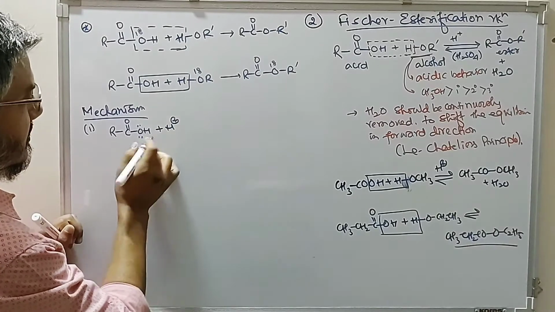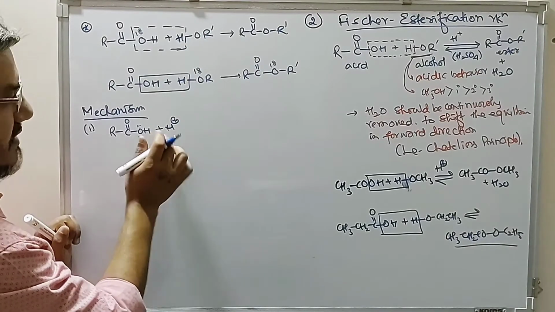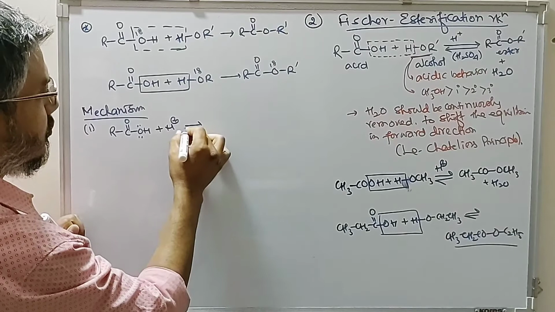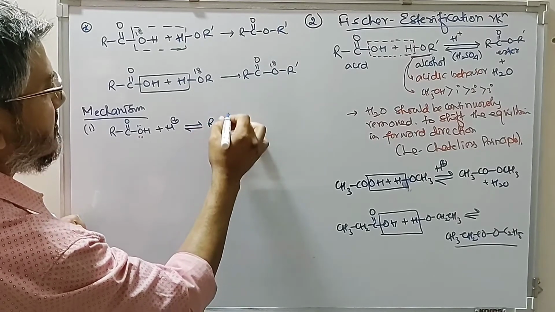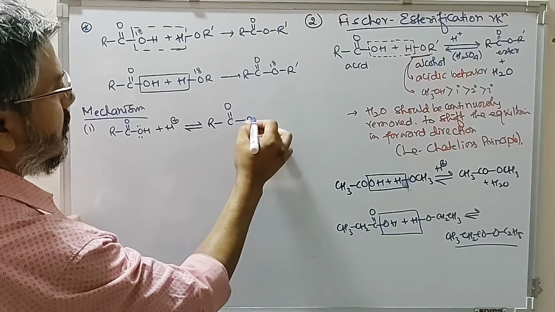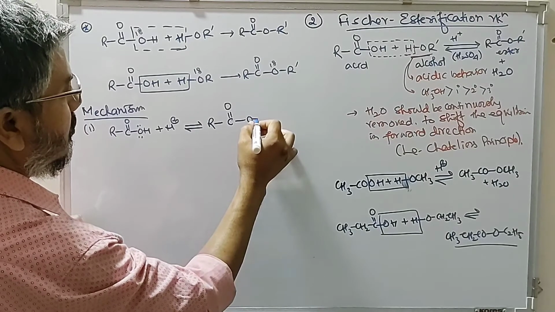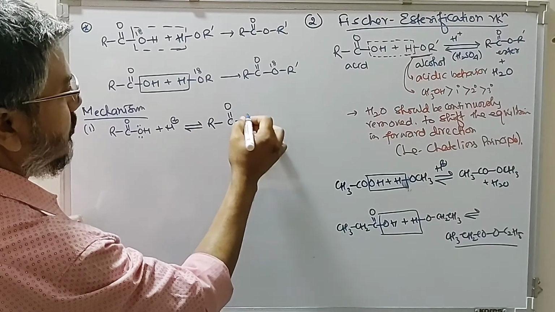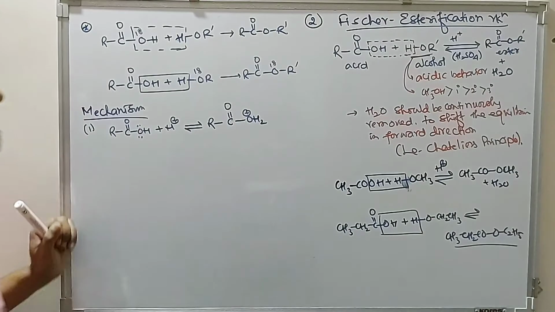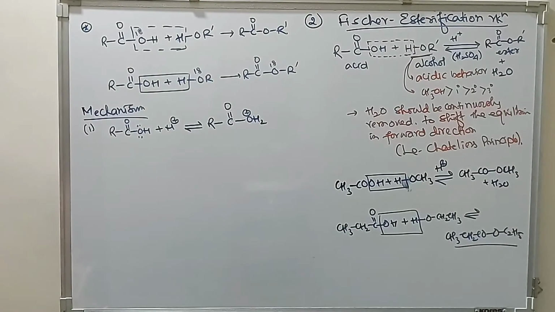So this is a basic side, this is acid, so this reacts to give you RCOOH2 with a positive charge here.